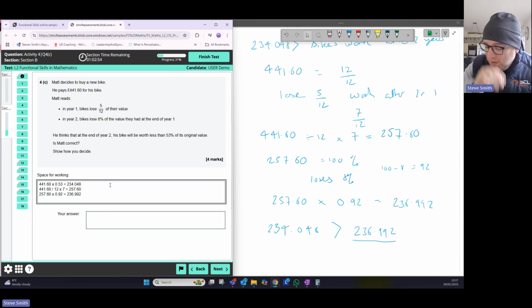I'd put the greater than the right way around. So I'd go 236.992 is greater than 234.048, because we've proven that he's incorrect.